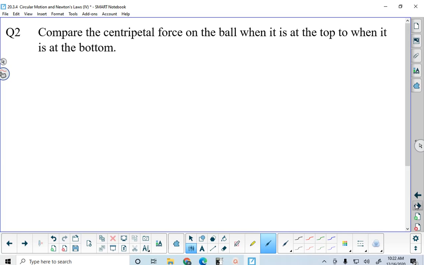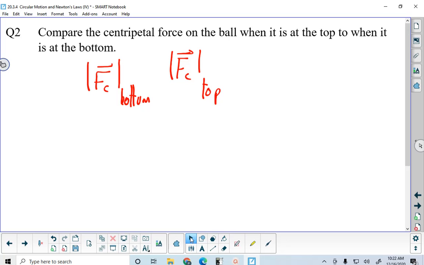So I guess what I'm asking now is the following. We're not going to worry about the direction here because, of course, the centripetal force changes direction. What mathematical symbol could I put between these two that would create a true statement?